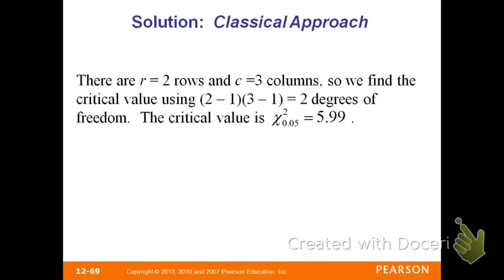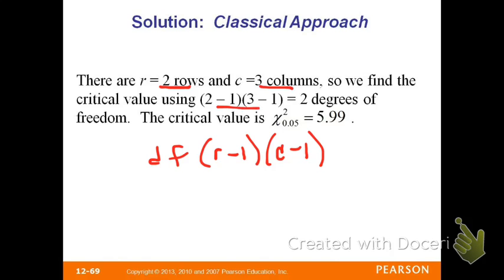I just did want to mention that if you are taking the classical approach to a chi-square test, there were 2 rows and 3 columns on our contingency table. So the degrees of freedom are your number of rows minus 1, times your number of columns minus 1. So 2 minus 1 is 1, 3 minus 1 is 2. So there's 2 degrees of freedom.